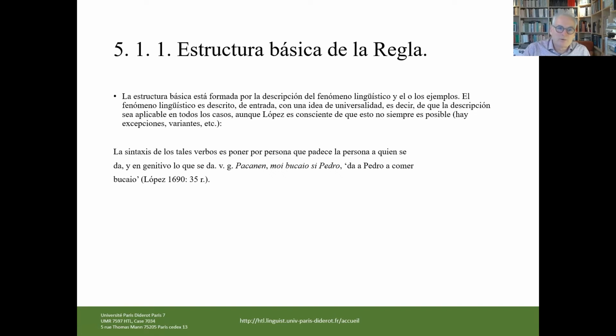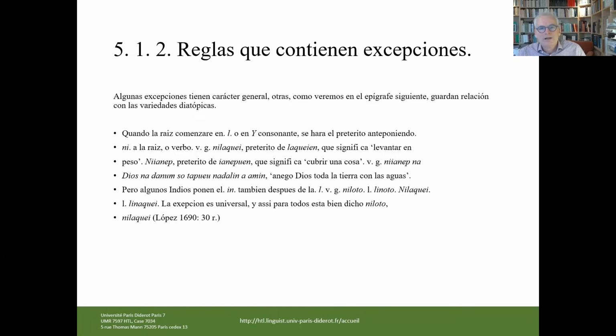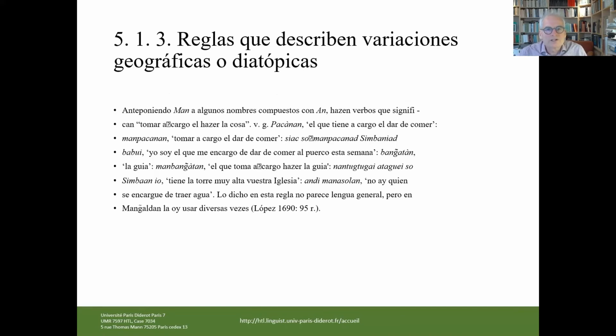So you have the estructura básica, the main structure is, I will not translate all those examples. Reglas with exceptions, this is a kind of typological approach, so I think he has done this very well, so there's no need to translate it all. Reglas que describen variaciones geográficas, are rules also linked to geographic, diatopical varieties.